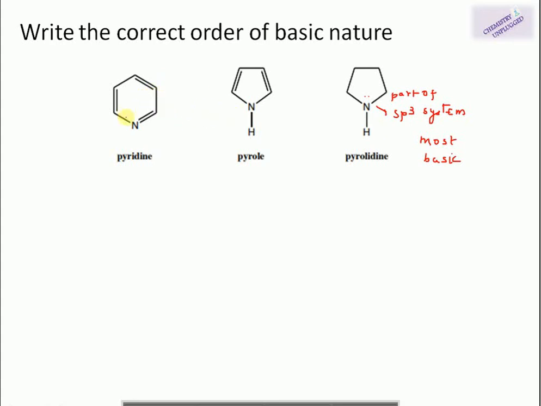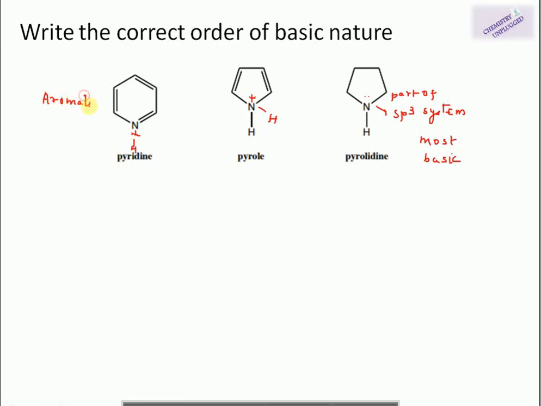In pyrrole, we know that this is aromatic due to the presence of one lone pair of electrons on nitrogen, and it is part of the pi electron cloud. If we add one H plus to it, then these electrons will be used and nitrogen has a positive charge. So it has only 4 pi electrons, and in pyridine these lone pair of electrons are not part of the pi electron cloud, and if we add one proton to it, it will not lose its aromatic nature.